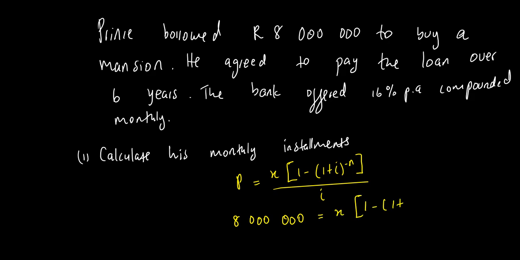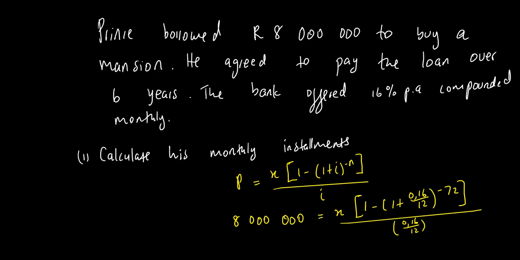The interest is 0.16 divided by 12. How many payments must I make in 6 years? 6 times 12: 12, 24, 36, 48, 60, 72. 72 payments that I must make. And then you divide by i. So guys, you can calculate my monthly installments there.